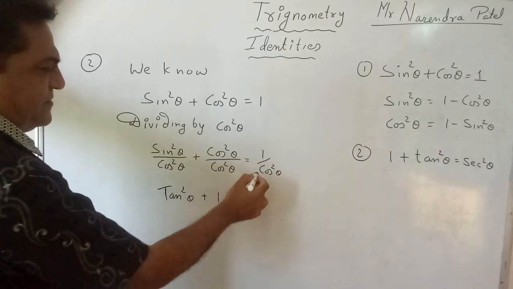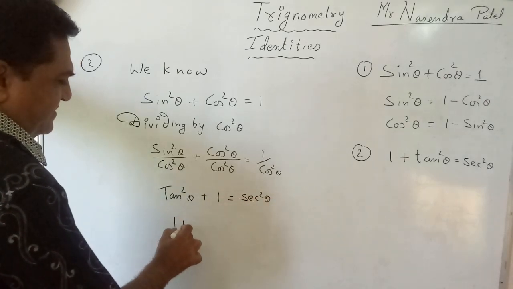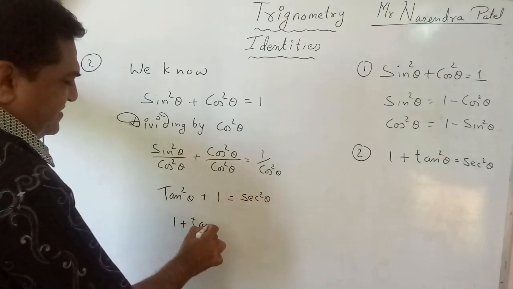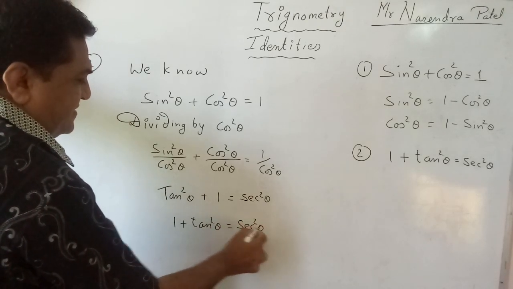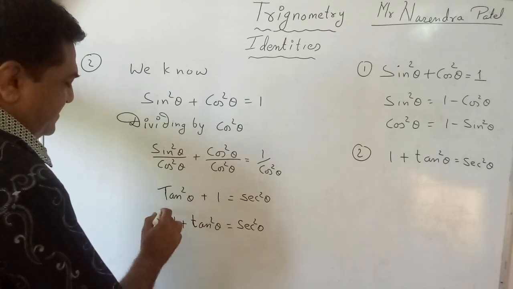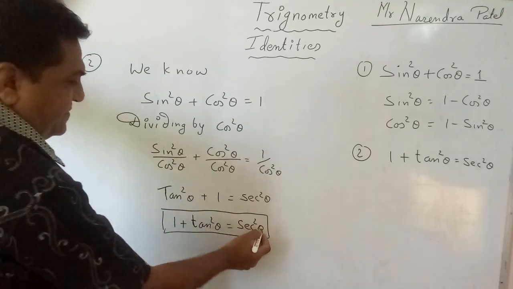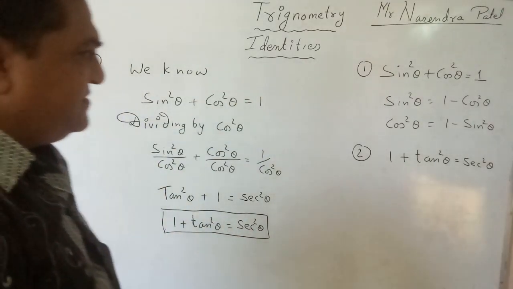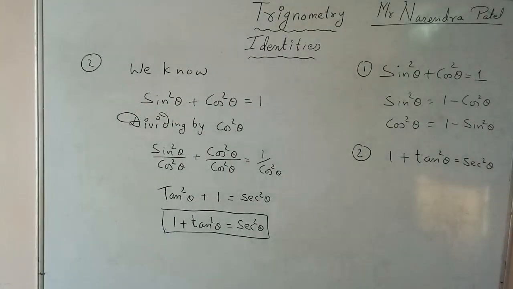You have learned that 1 upon cos square is sec square theta. So 1 plus tan square theta is equal to sec square theta. This is the second identity which I have written and proved for you. Watch what I have done: divide the first identity by cos square, and from that I am getting all the results.